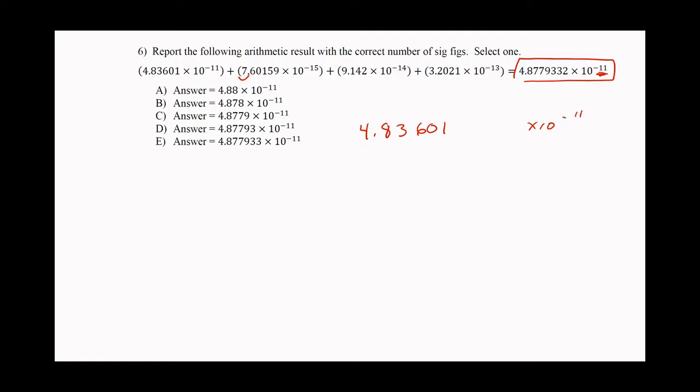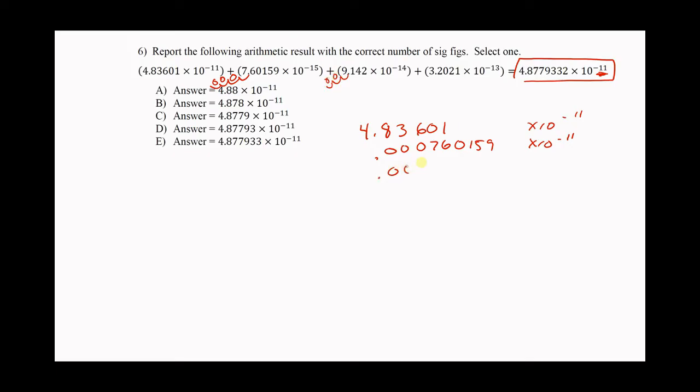So to the minus 14 would be moving the decimal place there. 14, 13, 12, 11. So 0.007600159 times 10 to the minus 11. This is to the minus 14, 13, 12, 11.